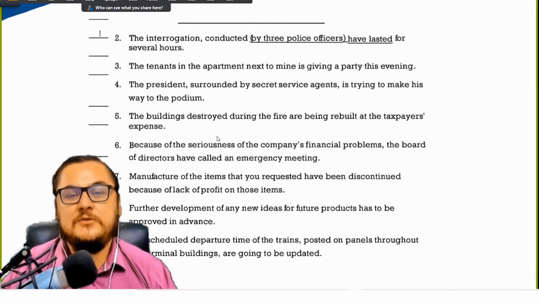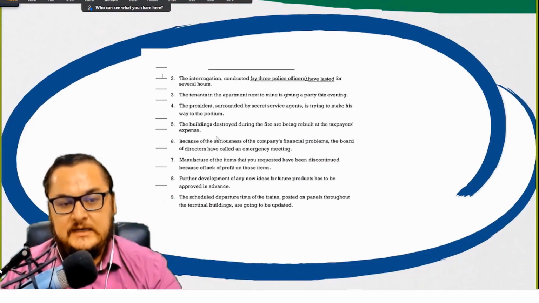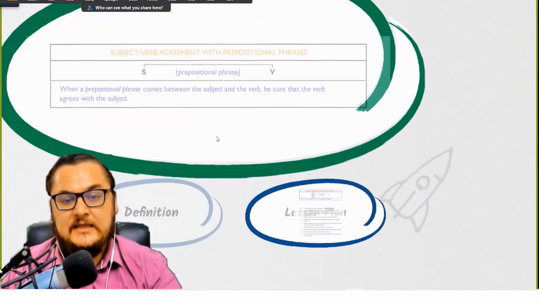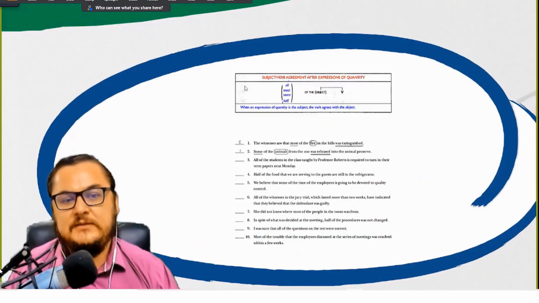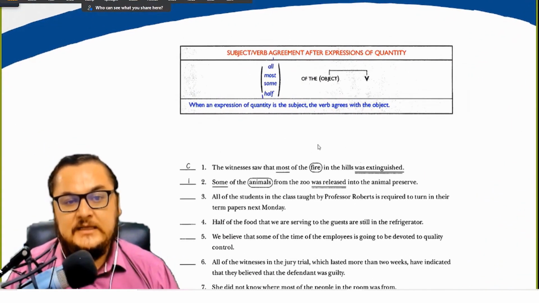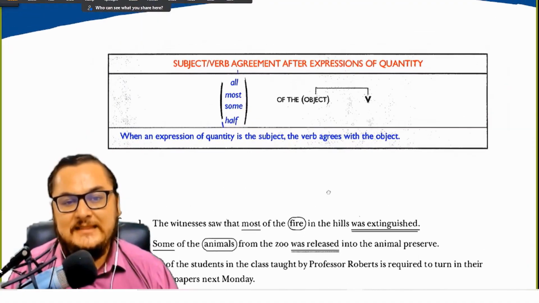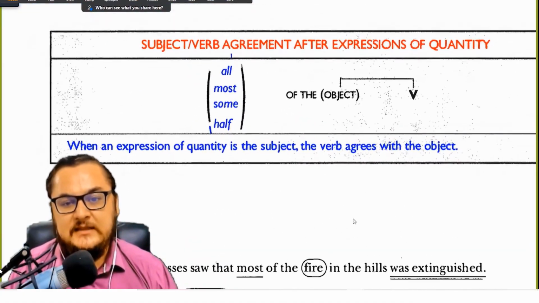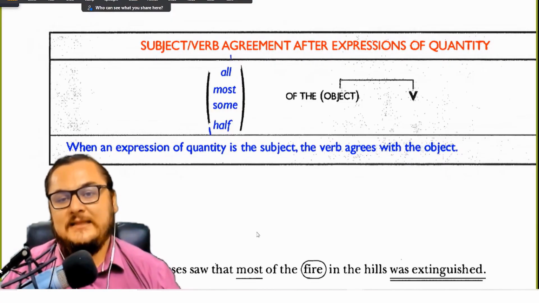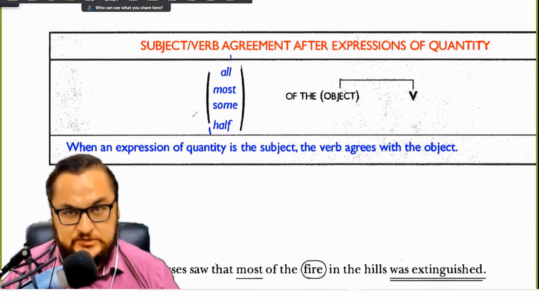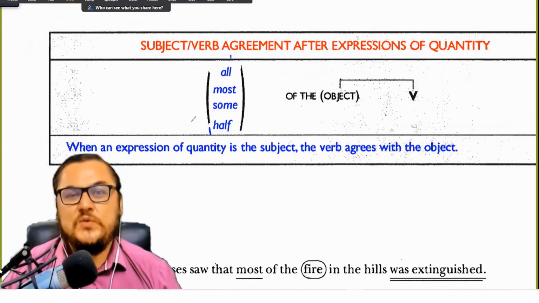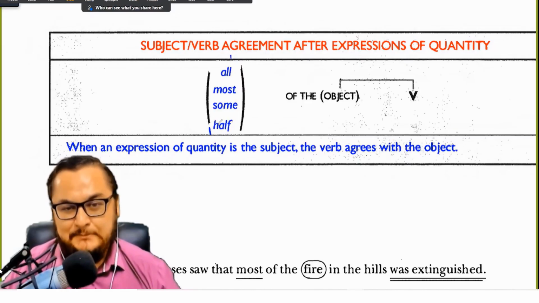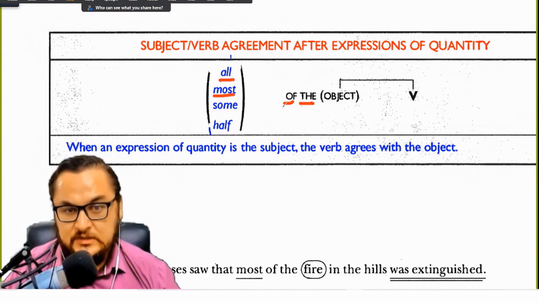So based on this way of answering, we can add a new notion, a new idea that has to do with a topic that we were recently able to study, and that has to do with expressions of quantity. Expressions of quantity, the words we can see right now. Even though I have a subject in the sentence, whatever it is, that subject is going to be replaced by the words all of the, most of the, some of the, either, half of the.